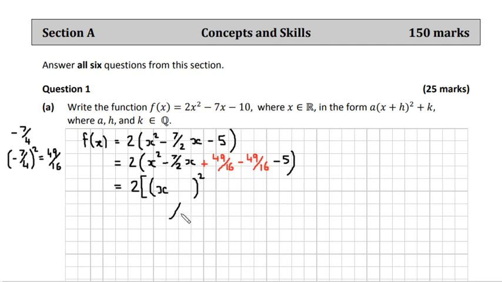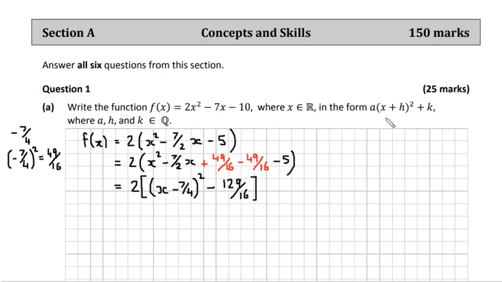What we got was minus 7 over 4, so we put that in here. That deals with the first 3 terms. If I squared that out, I would get x squared minus 7 over 2 x plus 49 over 16. But I've still got these 2 terms at the end. When you put those into the calculator, you're going to get minus 129 over 16.